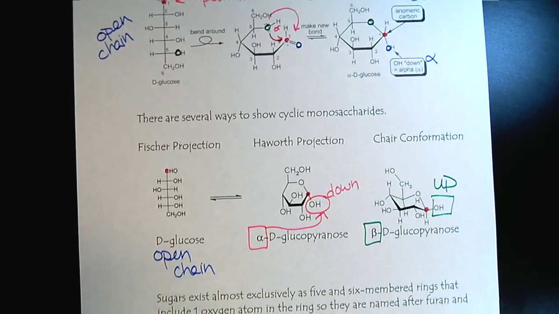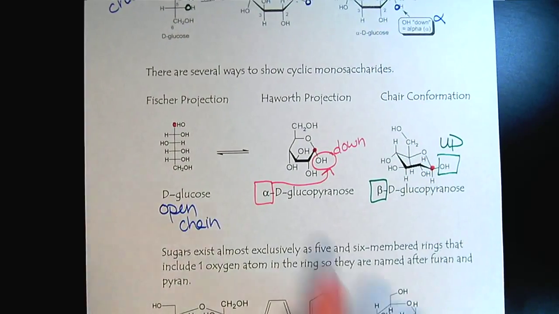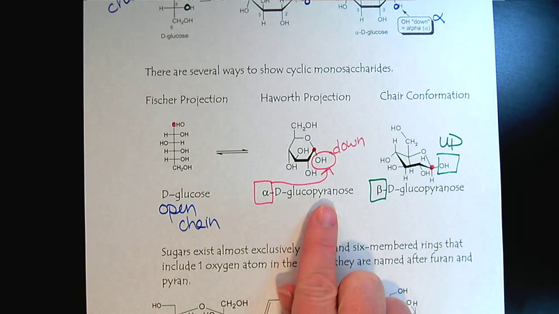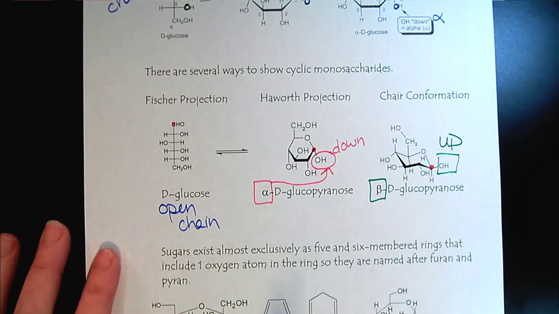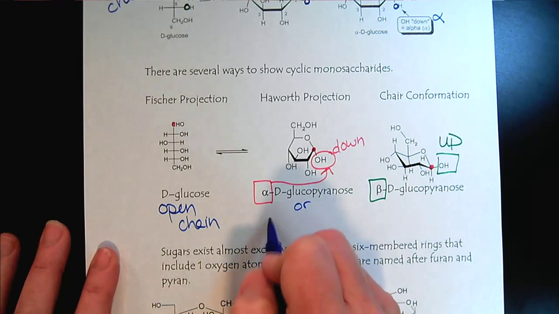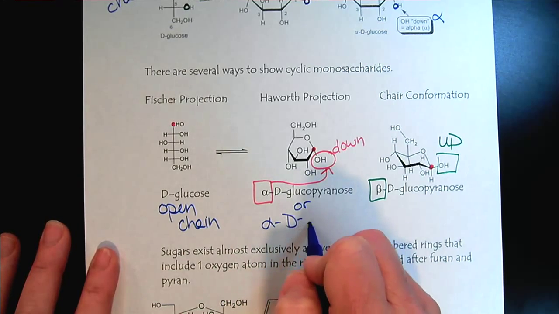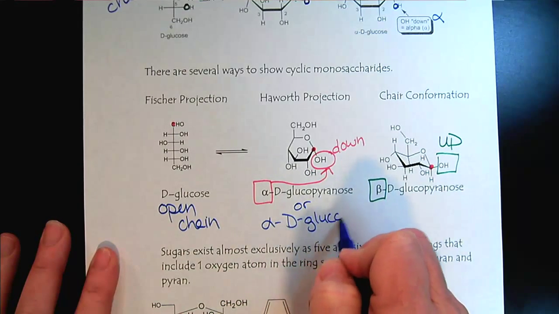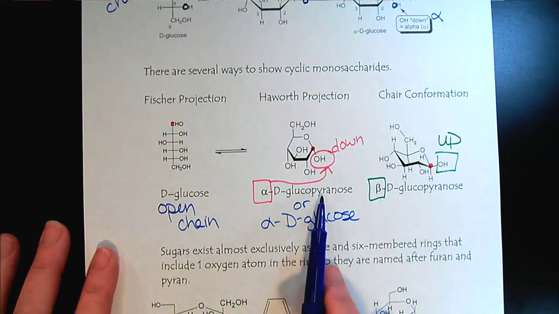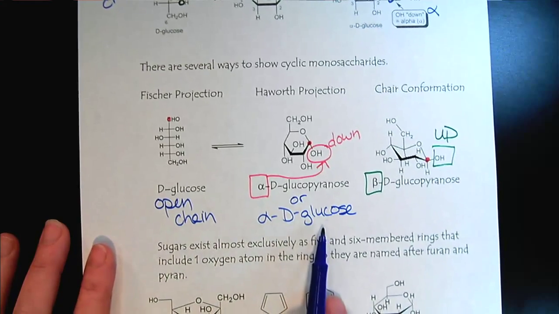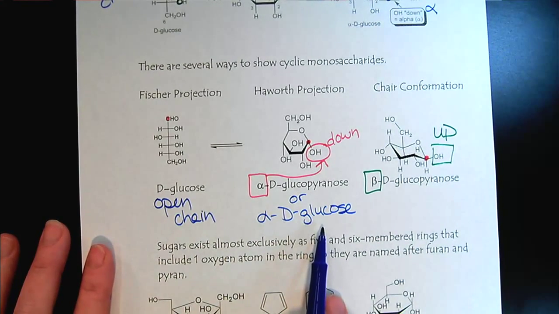Sometimes, depending on your source, we can see the ring form written as glucose or glucopyranose. So that's another thing that just as you're doing your studies, different people will use different degrees of information. So with a 6-membered ring here, we could have the pyranose, or you might see it just as glucose.